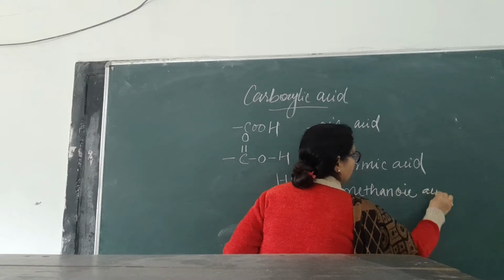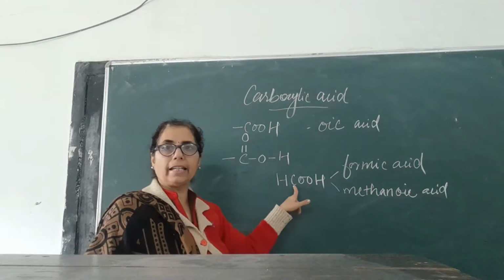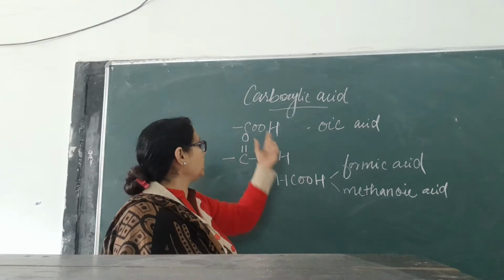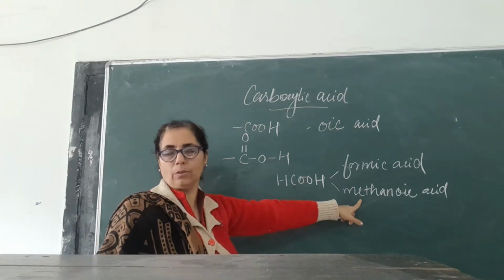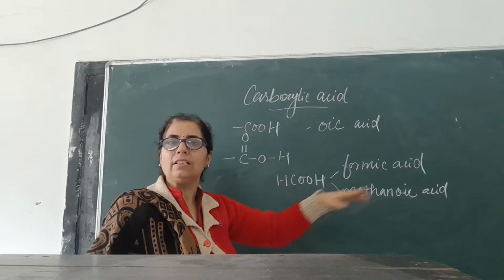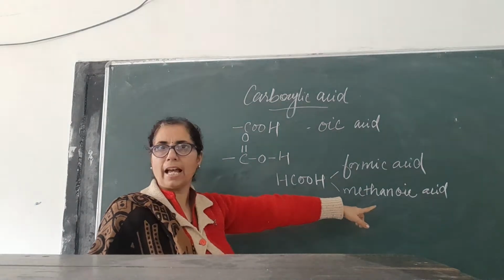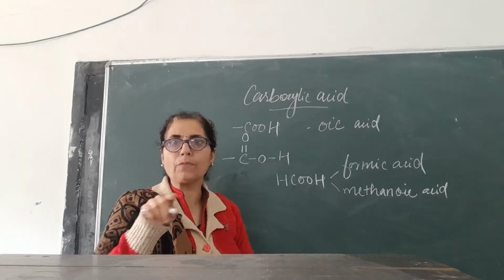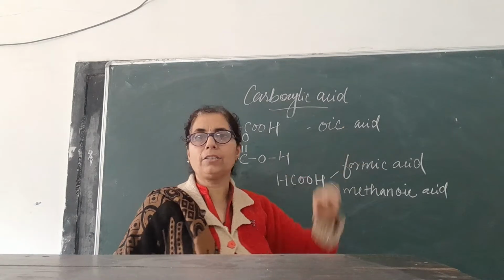Its formula is HCOOH and its IUPAC name is methanoic acid. Why do we call it methanoic? Because it contains only one carbon, and being the acidic group having one carbon, it is known as methanoic. As we have discussed in our earlier topics, whenever you give the IUPAC name, you have to drop the E of methane and give the suffix that is provided to it.